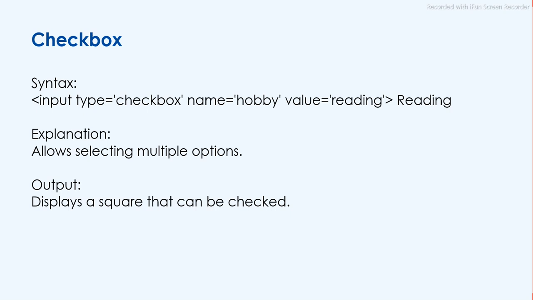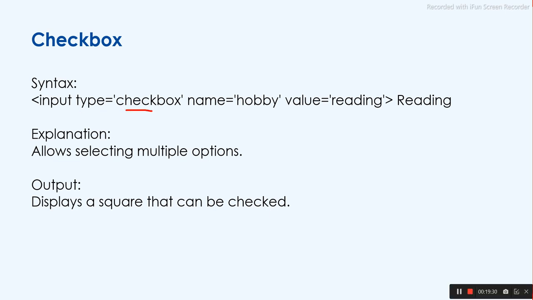A person may have a number of hobbies: he may be singing, listening to music, reading books, playing cricket. It's not necessary that he has only one hobby. So I can create multiple checkboxes, and the user may select any number of options.